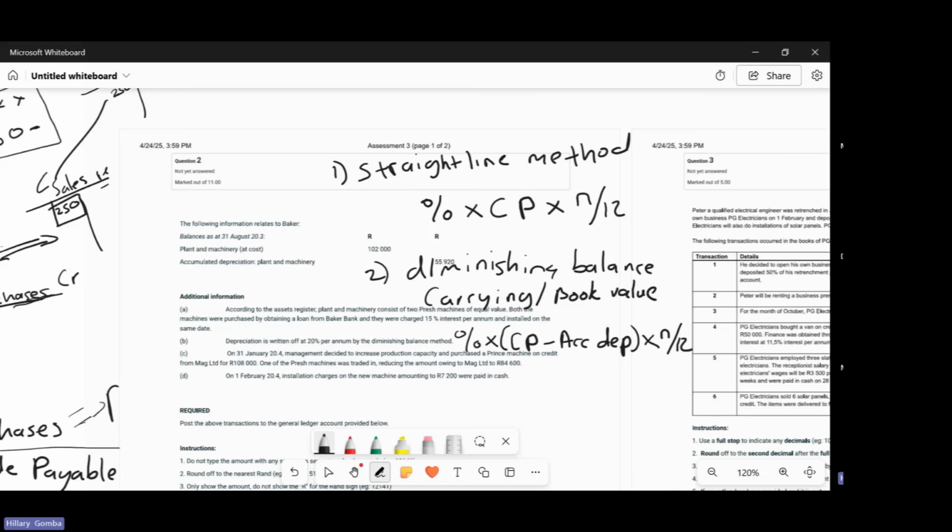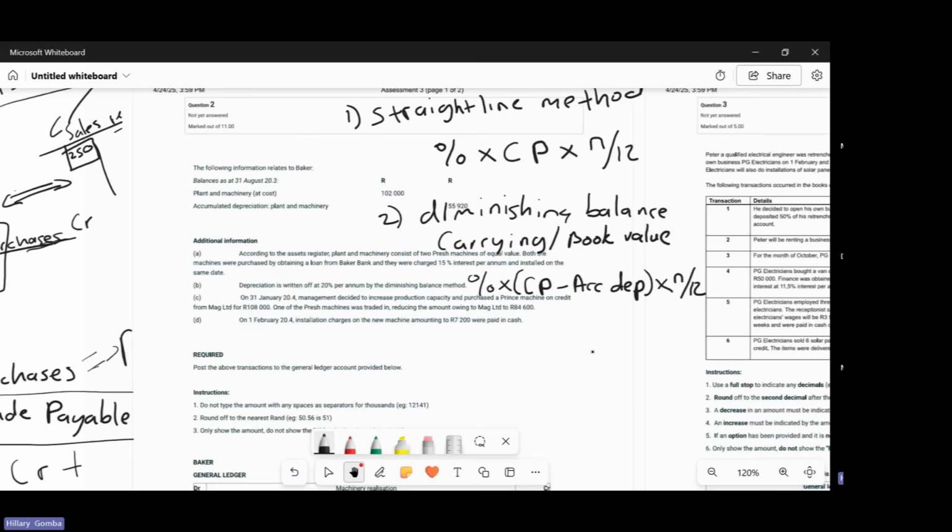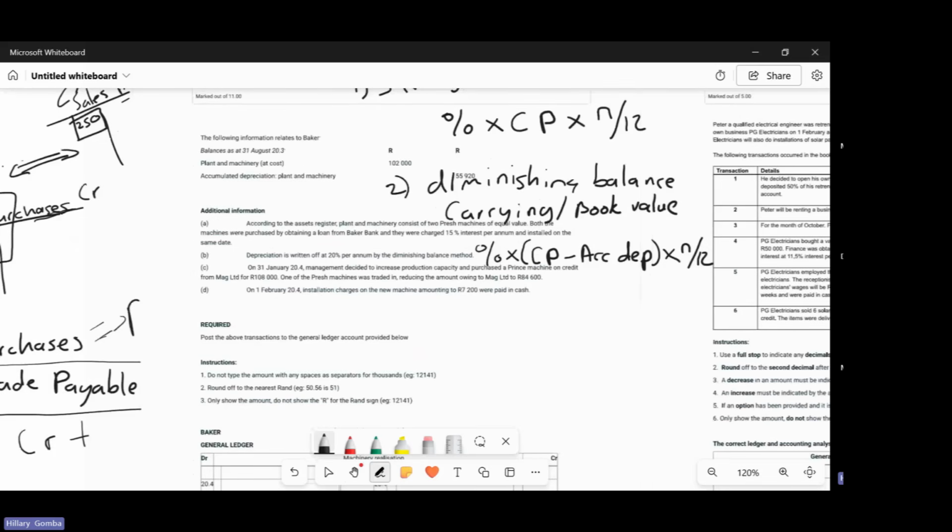And then the second thing that I want to add, if ever we are to buy a machine or equipment for, let's say, for example, 50,000, and then they tell you that installation or delivery for this machine amounted to a certain amount, that amount needs to be added to the cost price of the machine or equipment that you bought, so that we can find the total amount that we paid for the machine that we now have.